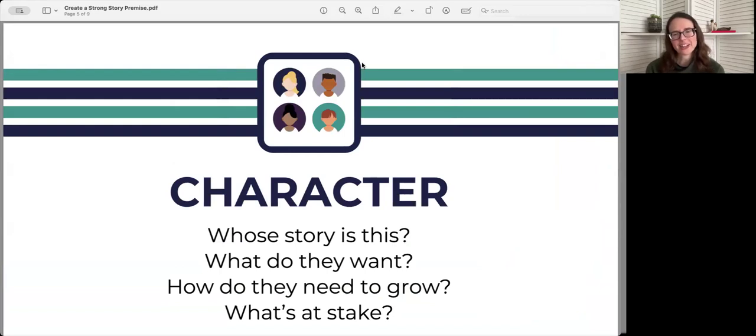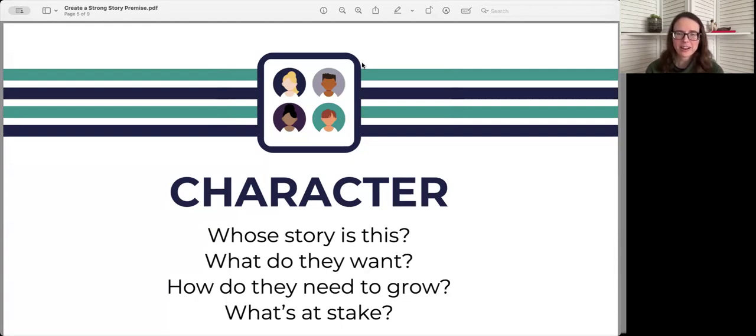And then, of course, we have our character. Whose story is this? Sometimes you might have multiple characters, but usually at the heart of a novel, we have one main character around whom the story is told. We need to know what they want, how they need to grow internally, and what's at stake if they don't get what they want or they fail to grow and become who they are supposed to be over the course of this story.